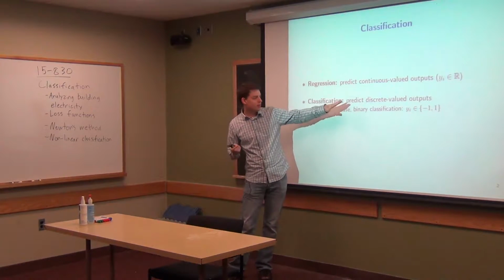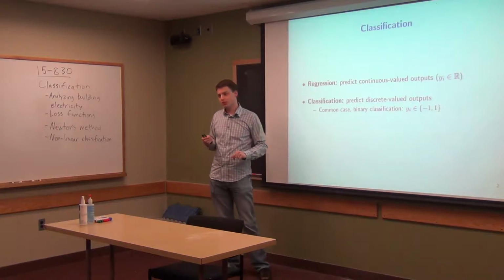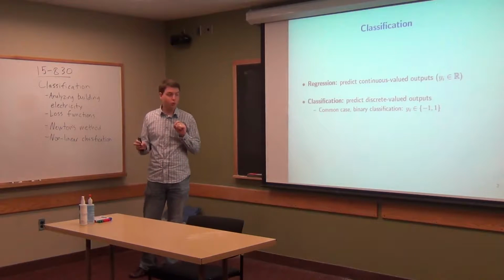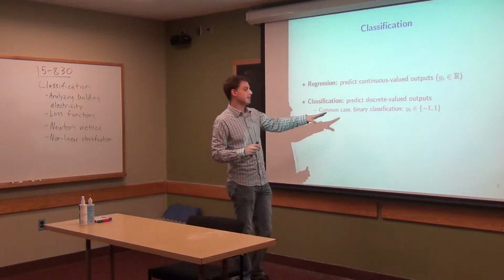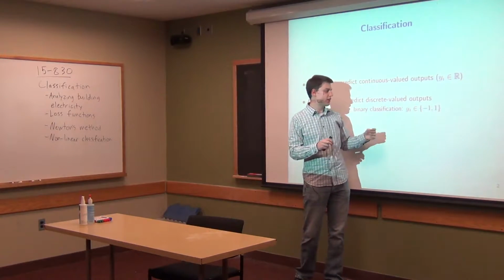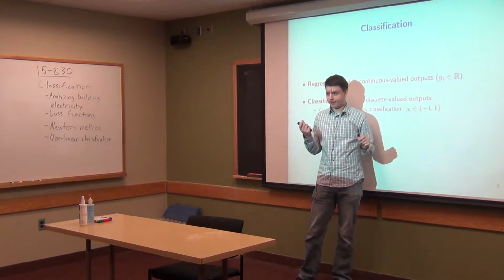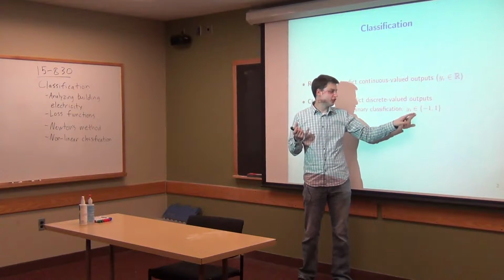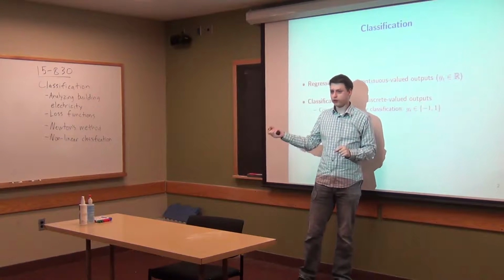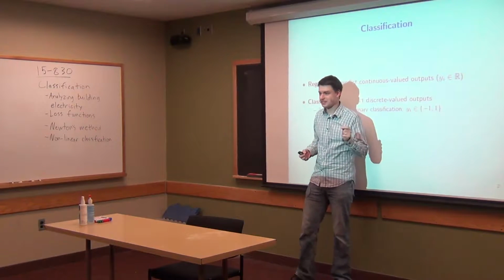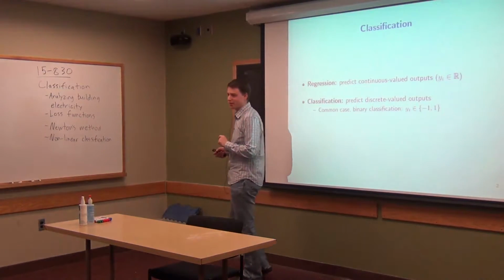Classification really is about things that don't have that form. Settings where, rather than predicting a real valued number, you want to predict some discrete set. For example, binary classification, that's two possibilities. This could just be -1 or 1 by convention, for essentially no or yes, the answer to something.